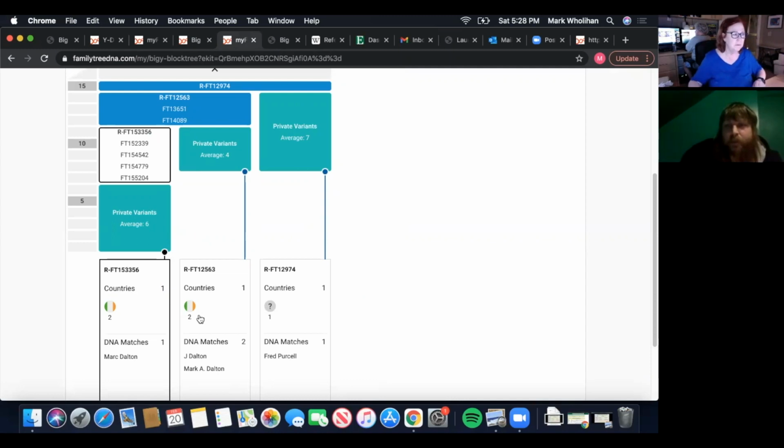So the likelihood that Jay Dalton and Mark Dalton and Leo Dalton just randomly both became Daltons out of nowhere, it's more likely that somewhere from 1100 AD, after surnames became popular and began being passed down through male generations, that's when.